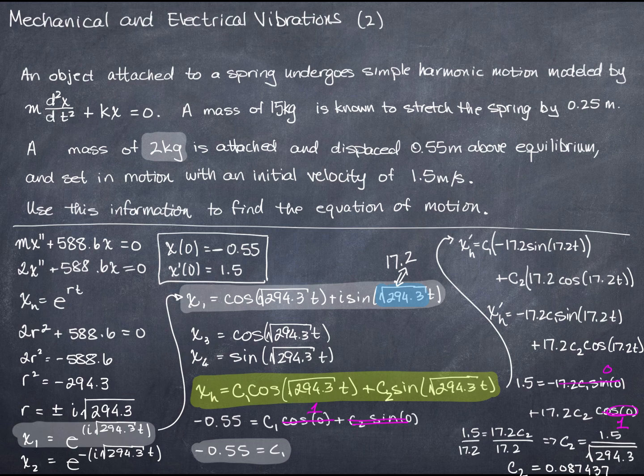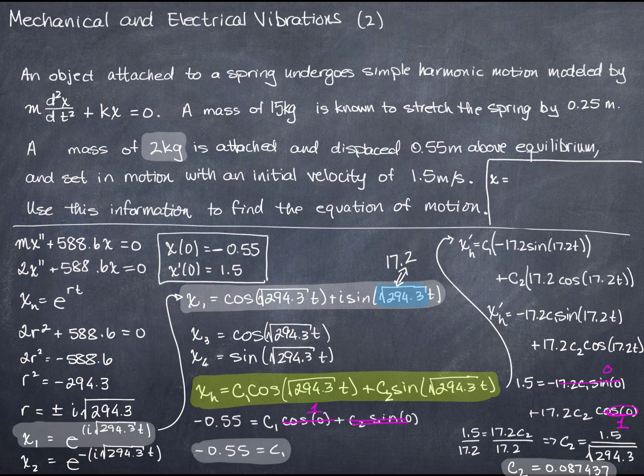What did I do with my C1? I highlighted it in white, so I'll do the same thing here. So I have those two values now. That means I can go back to this equation and replace C1 and C2 with their values. I think I'm going to do that up here, if I could squeeze it in. I have as my solution x equals, now I don't really need the x sub h anymore.